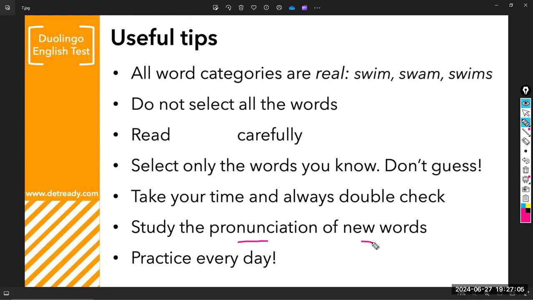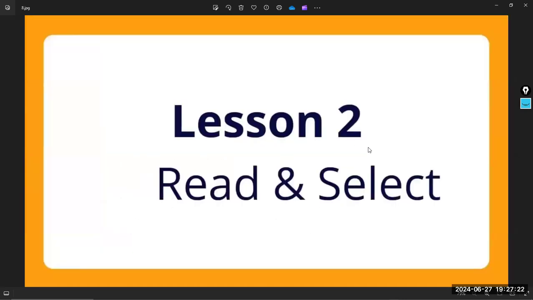Because if you pronounce the new word in a wrong way, it will be considered wrong. So please, again, not only do I have to know how to write the vocab and the meaning of the vocab, I have to learn how to say it. So these are the steps that you have to keep in your mind.